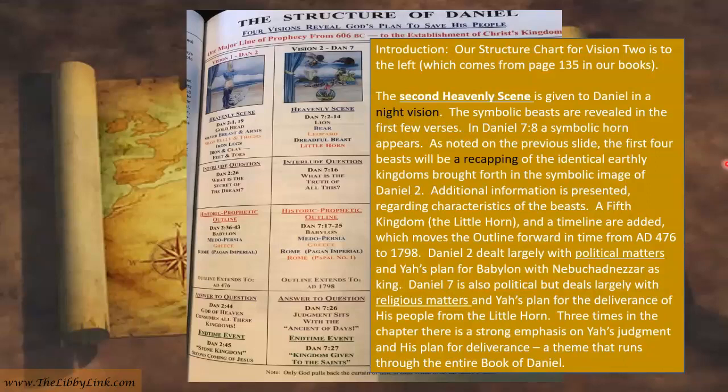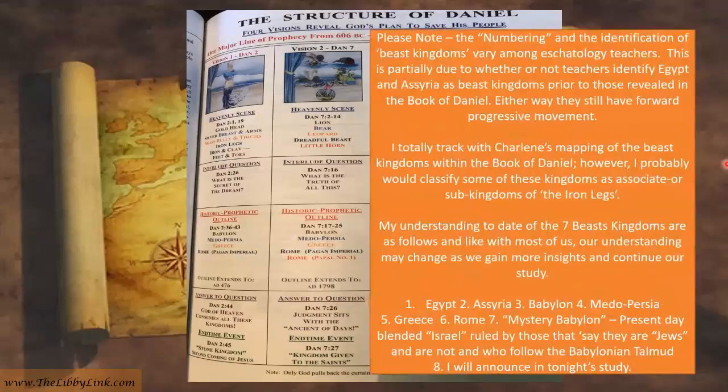Okay, so we noted about midway down that introduction, Charlene identified a fifth kingdom, the little horn, and a timeline are added. Now, I just want to let everyone make a distinction between various teachers. So I want everyone to make a note of the numbering.